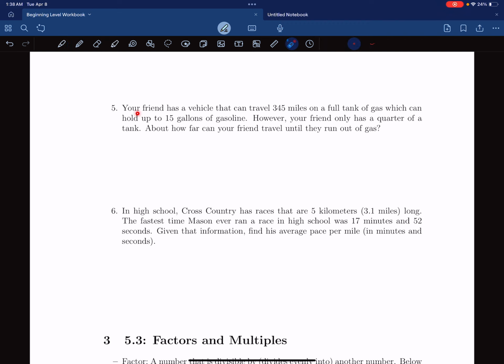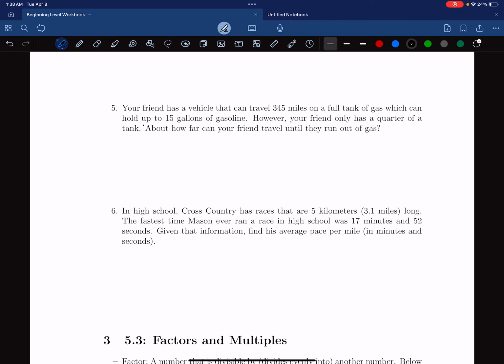It says your friend has a vehicle that can travel 345 miles on a full tank of gas, which can hold up to 15 gallons of gasoline. However, your friend only has a quarter of a tank. About how far can your friend travel until they run out of gas?